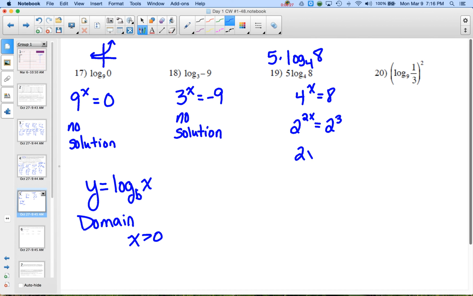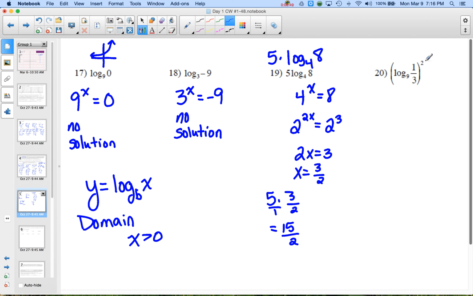So I get 2x equals 3, and x equals 3/2. But I have to multiply by 5, so I get 5 times 3/2. So we end up with an answer of 15/2. So if you have an extra operation to do, that's fine. You can just do that at the end.